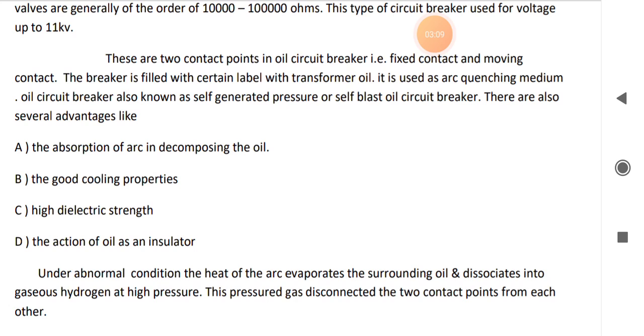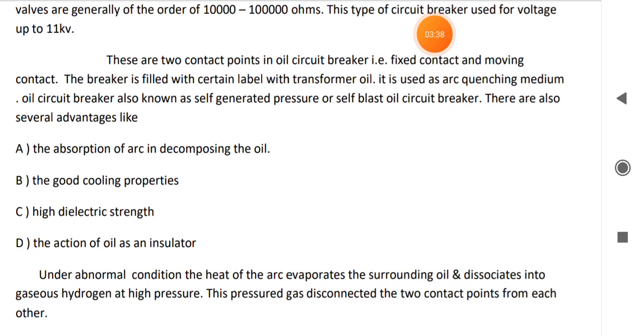Oil circuit breaker is also known as self generated pressure or self blast oil circuit breaker. There are also several advantages like the absorption of arc in decomposition of the oil, good cooling properties, high dielectric strength, and the action of oil as an insulator.